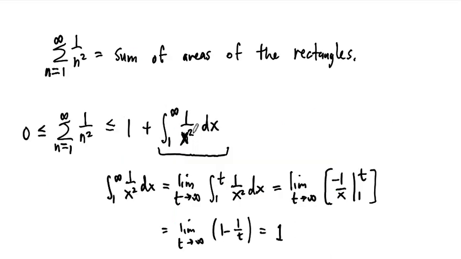Not only is it finite, but this portion is less than 1. We have another 1 here, and so the sum of these two together is 2. So our sum, n equals 1 to infinity, of 1 over n squared is obviously positive, but it's less than or equal to 2. We still don't know what it equals, but we now know that it's less than 2.